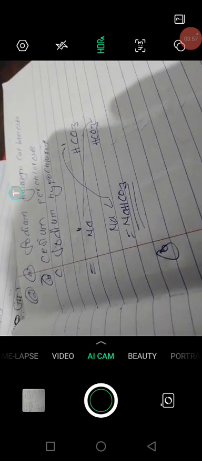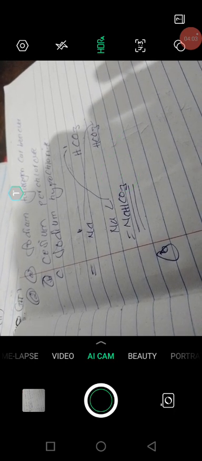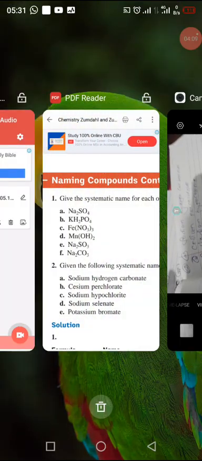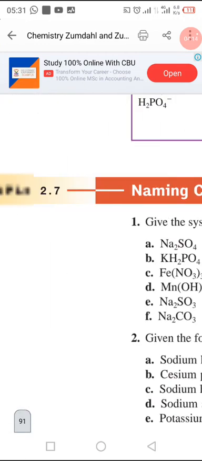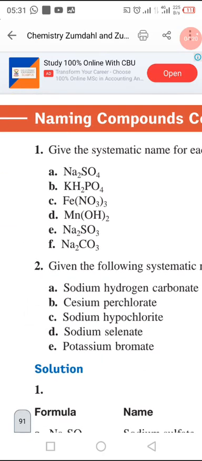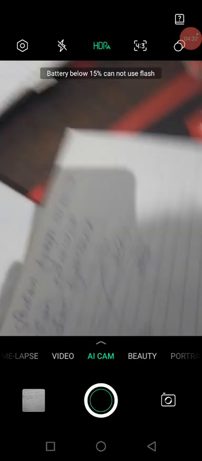Let's go with B. I've got cesium perchlorate.